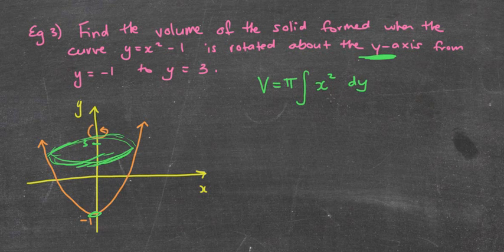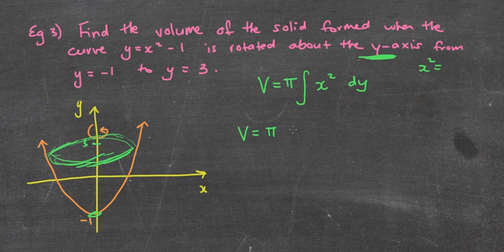It's kind of like when we were doing the area bound by the y-axis, we were putting x is equal to instead of y is equal to. Similar thing, we put it as x is equal to, but it needs to be x squared. So it's actually pretty straightforward. It's just basically doing your pi times your area, but making sure that we have squared that value. So let's have a look at this.